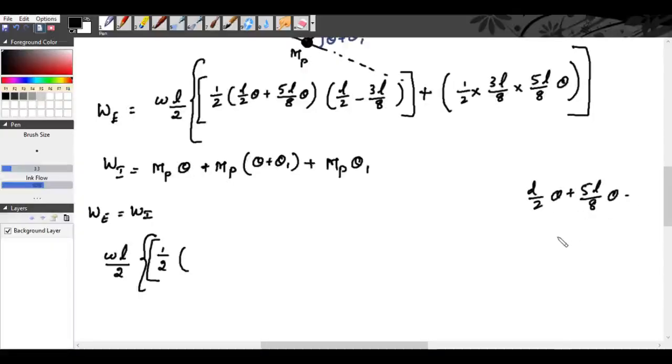What we get is 4L theta by 2 plus 5L theta by 8, that is 9L theta by 8, into the height. I think you can solve this. Just equate both.